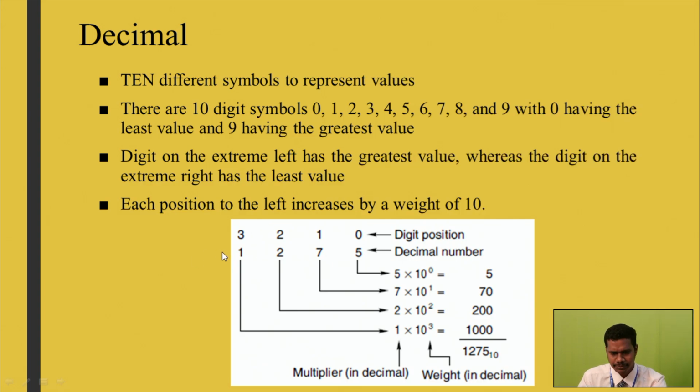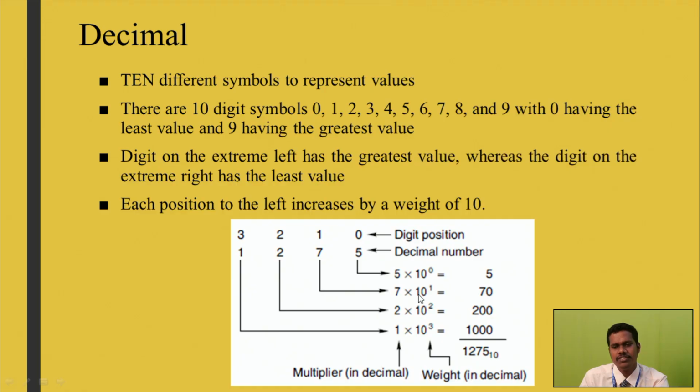Here the number is 1275, so 5 is in the rightmost end, which is known as the LSD, the least significant digit. For that 5 the weightage is 10 power 0, and the next digit 7 has the weightage 10 power 1. The next digit is 2, with the weightage 2 into 10 power 2, and the next digit position has the decimal number 1, with the weightage 1 into 10 power 3.